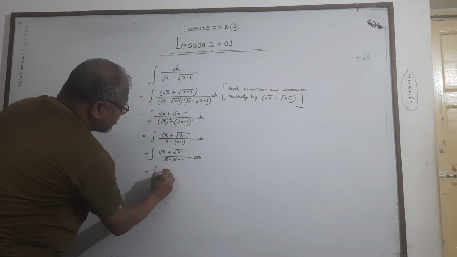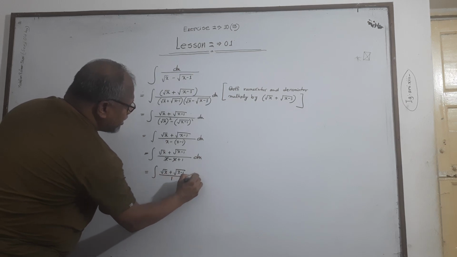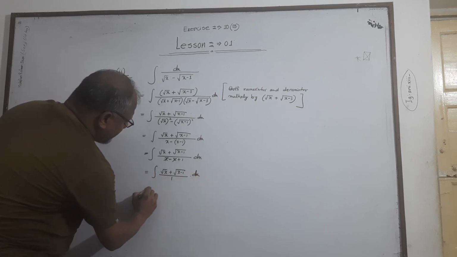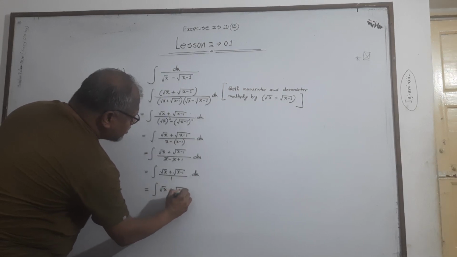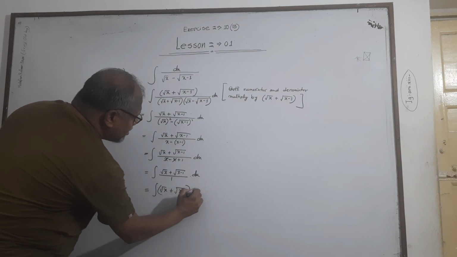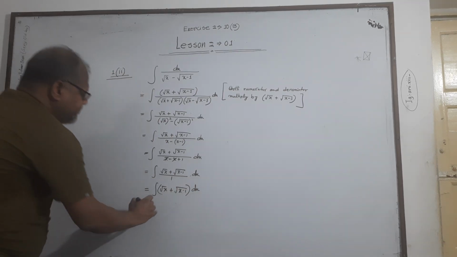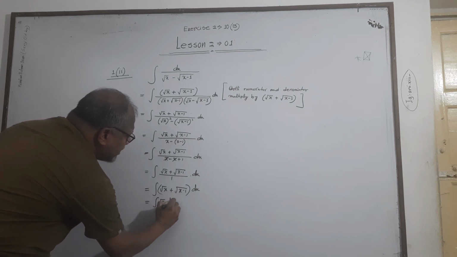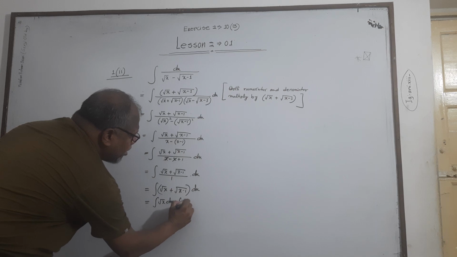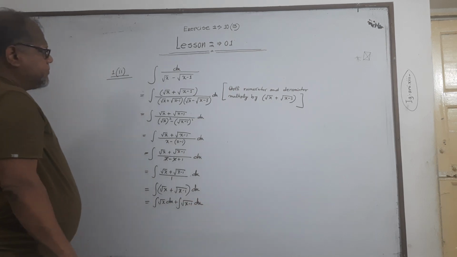So here root over x plus root over x minus 1 divided by 1 into dx. So here root x plus root x minus 1 dx. So I can write integration of root x dx plus integration of root x minus 1 into dx.